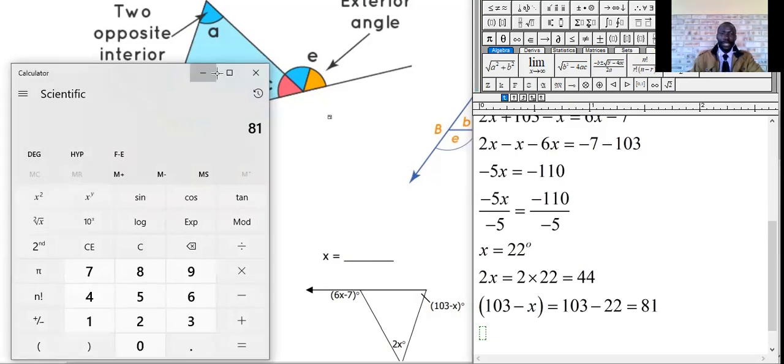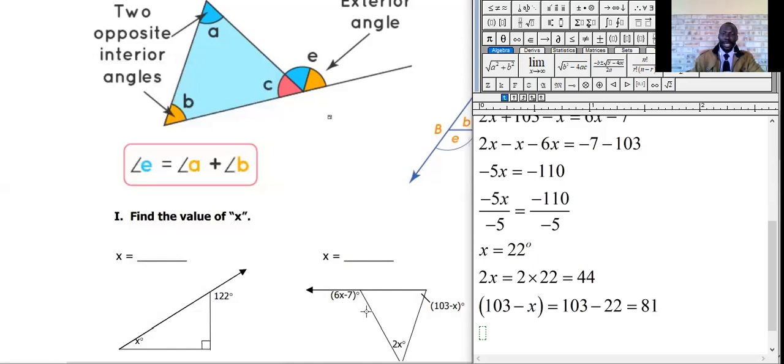The third angle is 6x minus 7. So for this angle, which is 6x minus 7, what we are going to get for that is 6 times 22 minus 7.